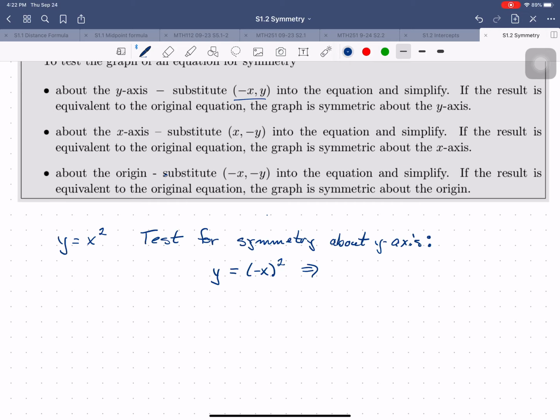And now I simplify. This is the same as my original. So it is symmetric about the y-axis.